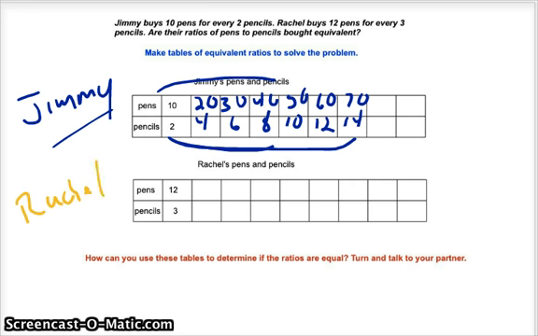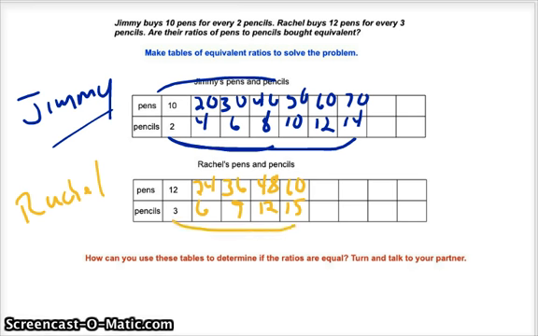Okay, she buys 12 pens for every 3 pencils. So that would be 24 pens for 6 pencils. 36 pens for 9 pencils. 48 pens for 12 pencils. 60 pens for 15 pencils, and it's always a good idea to check to make sure your relationship's holding here.